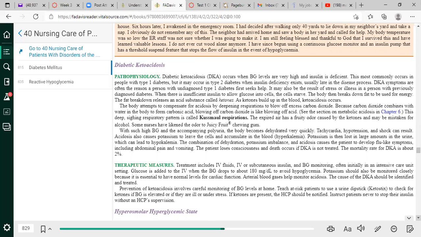So initially, it's a metabolic issue that results in respiratory acidosis. The patient is experiencing metabolic acidosis while the fatty cells are breaking down and releasing ketones into the bloodstream, which is a metabolic issue. And due to the high ketone levels, it begins to actually affect the respiratory system, resulting in respiratory acidosis.